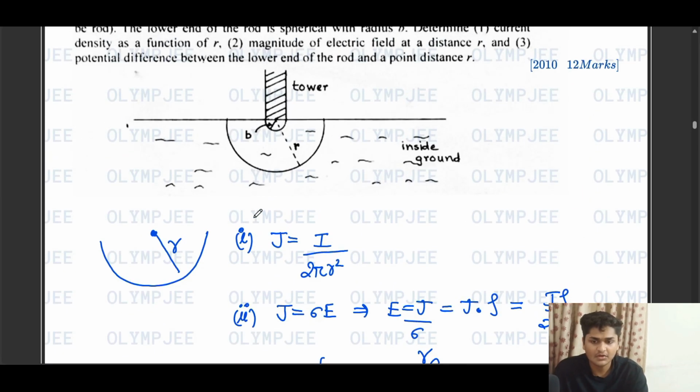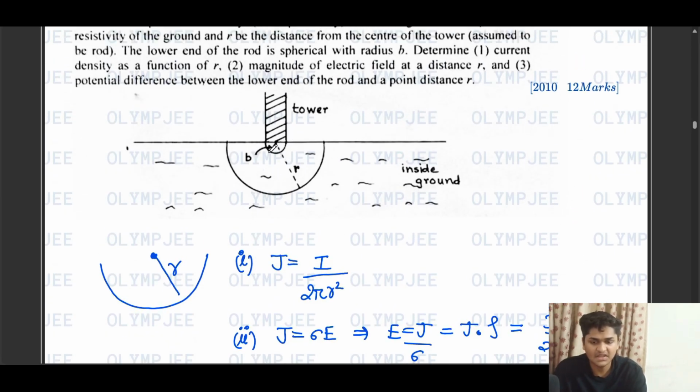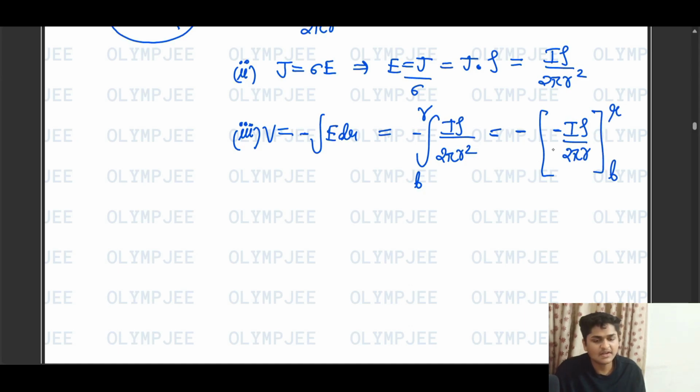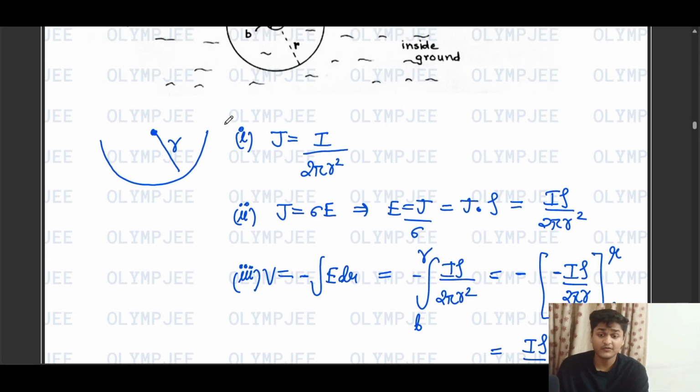Since the lower end of the rod is hemispherical and at a distance of b, and this field is I rho by 2 pi r square, and there was minus also, so this would become minus of I rho by 2 pi r from b to r. So minus minus gets cancelled and we put the limits. So this is the answer for third part of question 20.